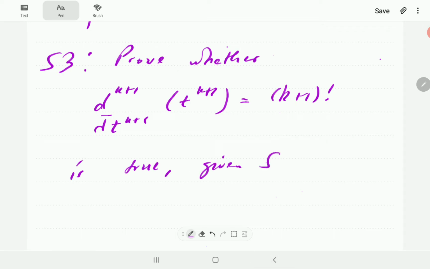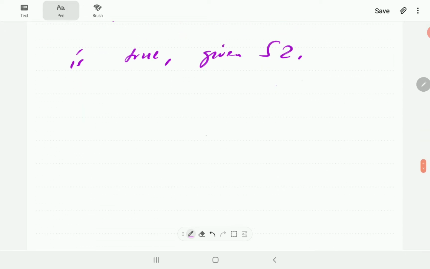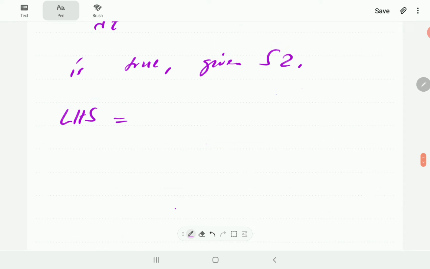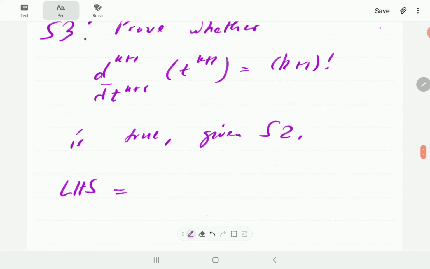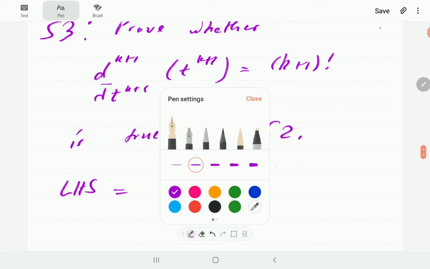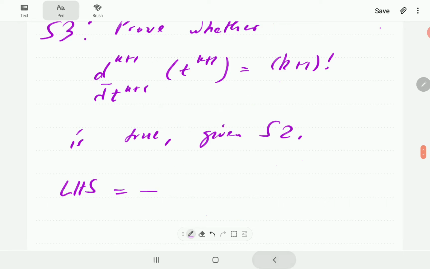given that step 2 is true. So to do that, we work on the left-hand side. So there are k plus first order derivatives here.